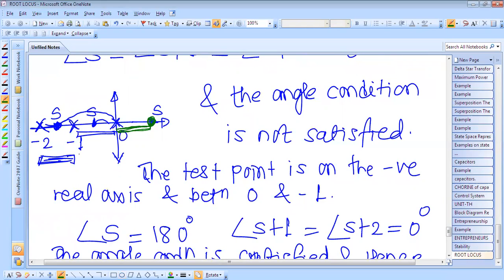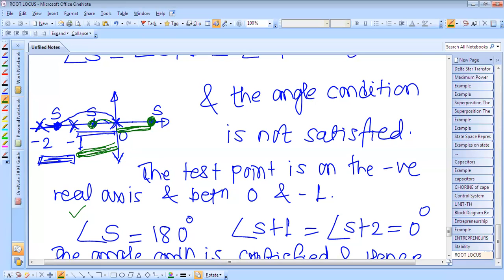Now consider the test point on the negative side, between 0 and -1. The angle made by s is 180 degrees, and the angles made by the poles s+1 and s+2 are 0. So the total is 180 degrees, and the condition is satisfied.